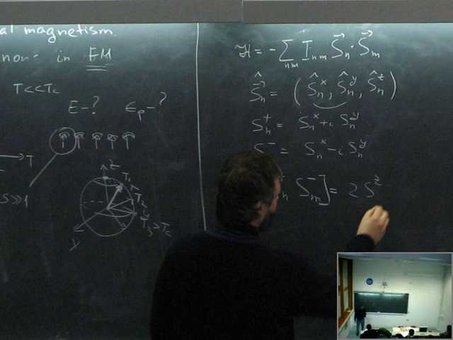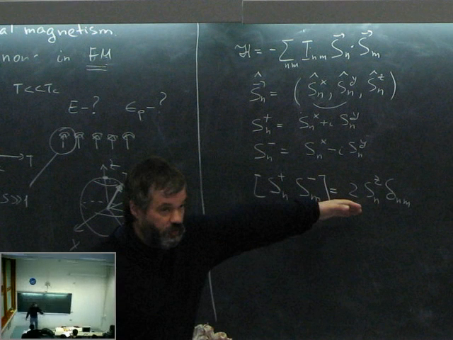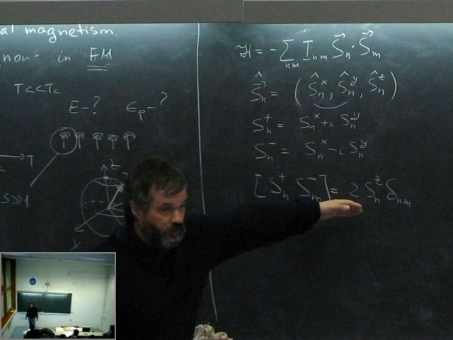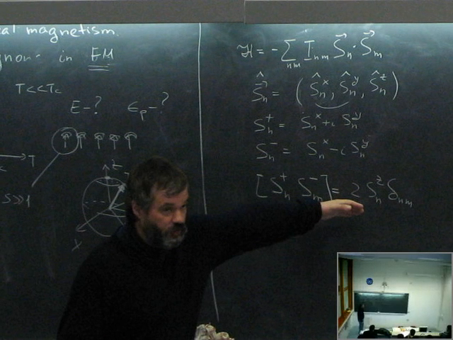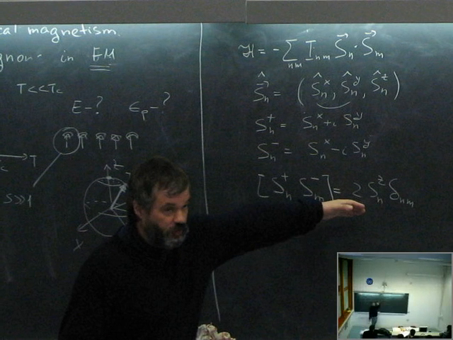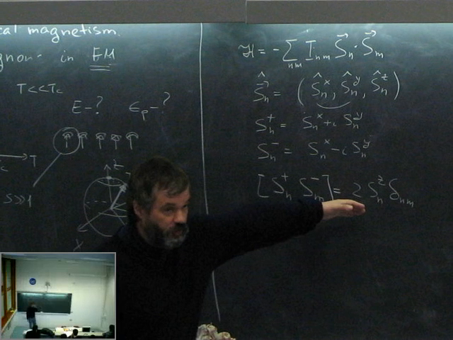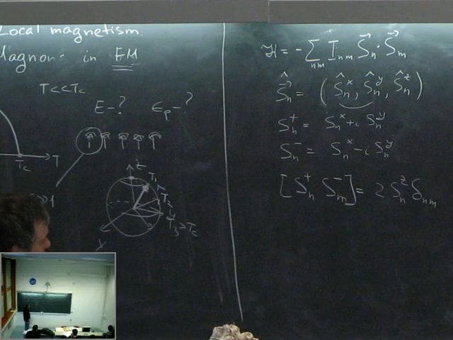So you see that in principle, these operators are neither bosons nor fermions, because the commutator of two of them is equal to the third component. Again, this is a manifestation of the Heisenberg uncertainty principle, which forbids us to measure all 3 components of a quantum operator subject to that kind of group algebra.